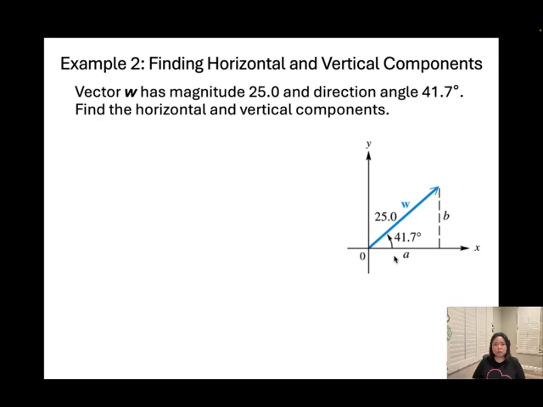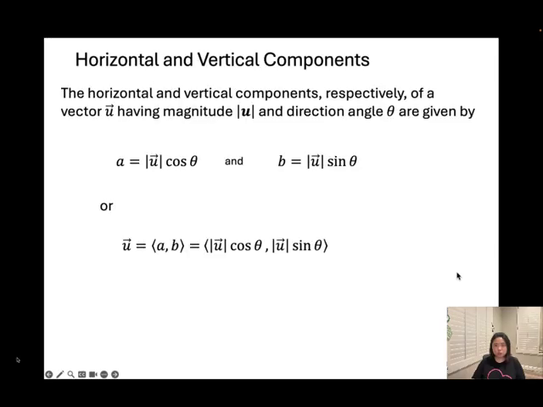Example 2. Vector w has a magnitude of 25 and a direction angle of 41.7 degrees. Find the horizontal and vertical components. So this time I want you to find the a and the b here. You could use this formula. You know the magnitude, you know the theta, right?